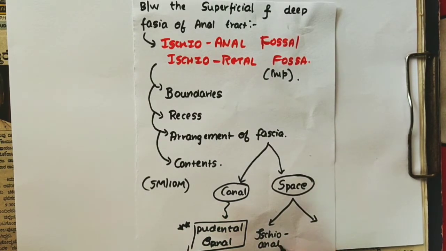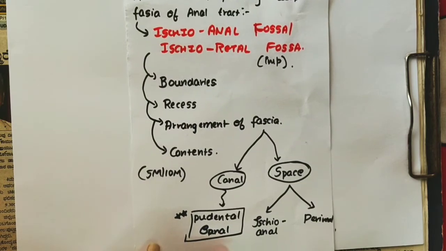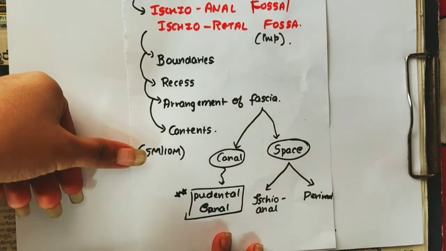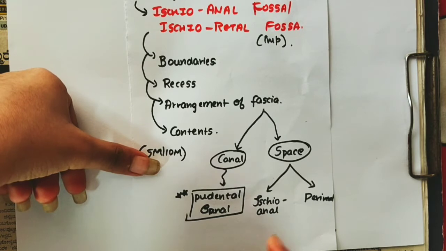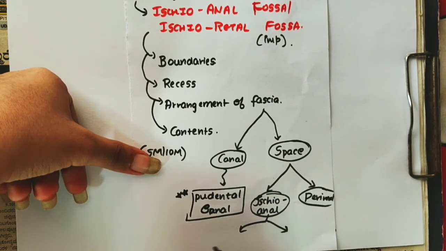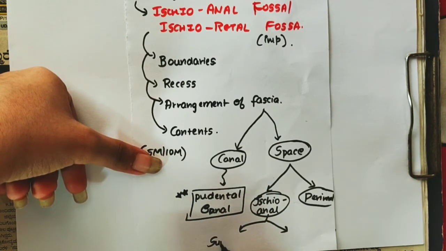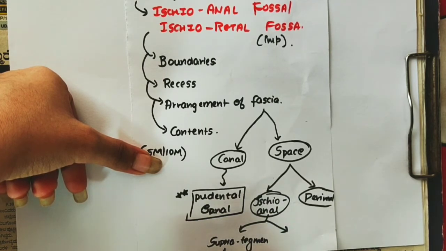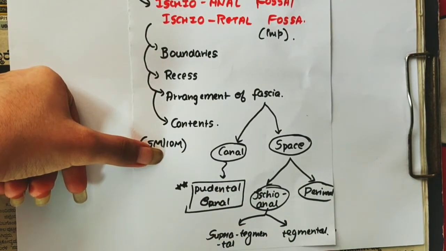The ischioanal space is further of two types, that is suprategmental space as well as tegmental space.